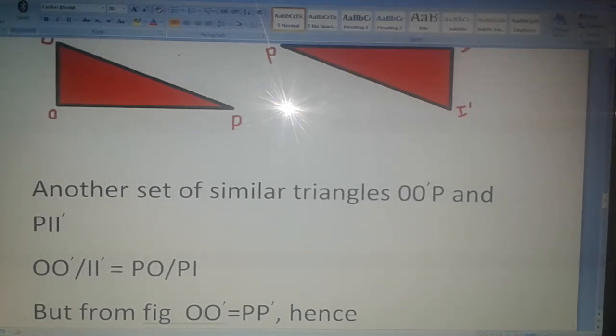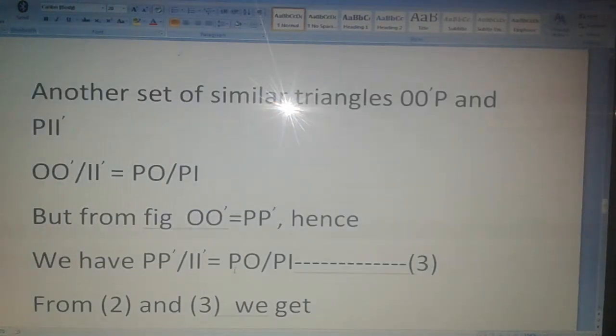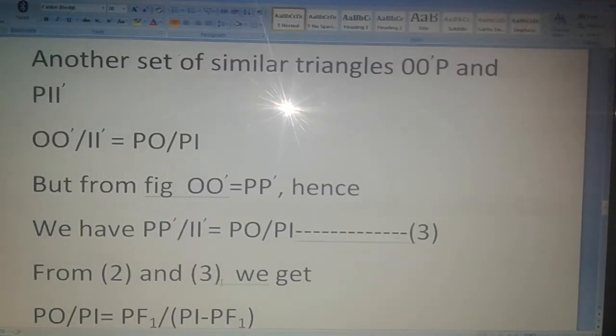But from the figure, O prime is equal to P prime. Therefore, we will substitute P prime here. So we will get P prime by I prime is equal to PO by PI; the same equation repeats, only the difference is O prime is replaced by P prime. That is equation number 3.